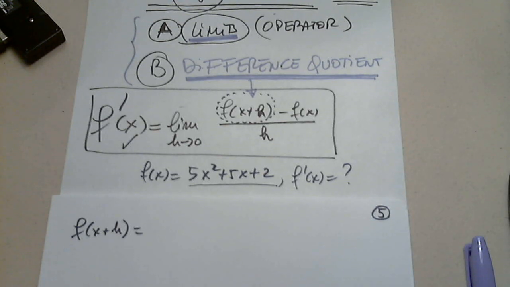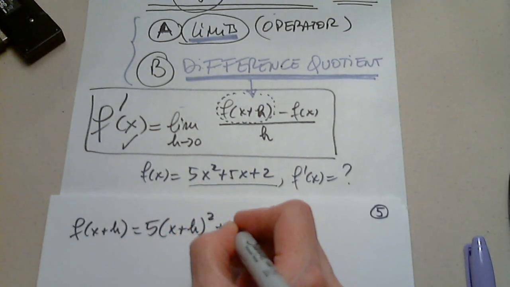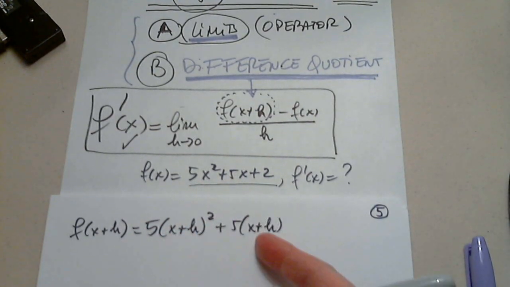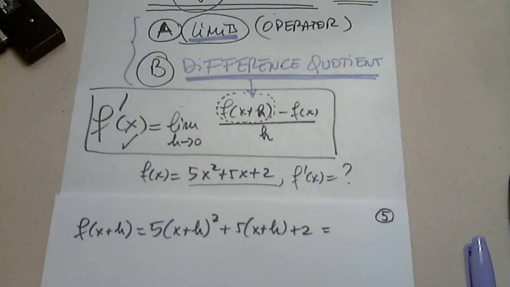Can anyone tell us how to write f of x plus h for this function? Think for a moment and just see what you recommend. 5(x plus h) squared. Of course, thank you very much. Plus 5(x plus h). Yes, plus 2. And I'm assuming you said parentheses. Okay, very good. Without parentheses, we can't do anything here. Excellent. Now, can anyone else tell us what is (x plus h) squared equal to?